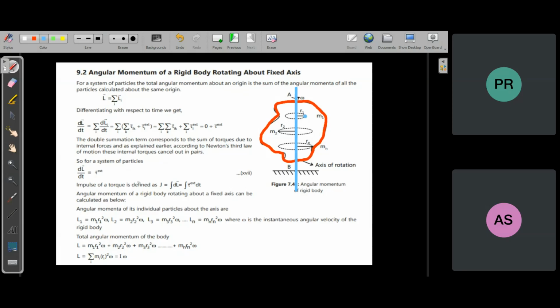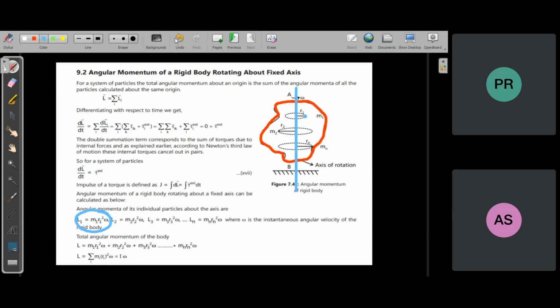So r cross p will become rp sin theta, and theta is 90, so it will become rmv. And you already know v equals r omega. So from that formula, you get m r square omega.